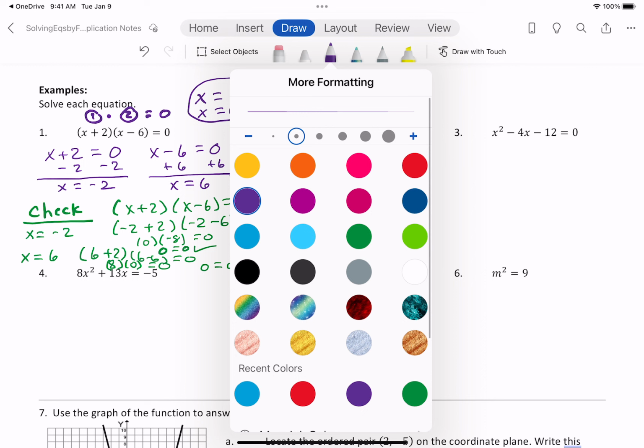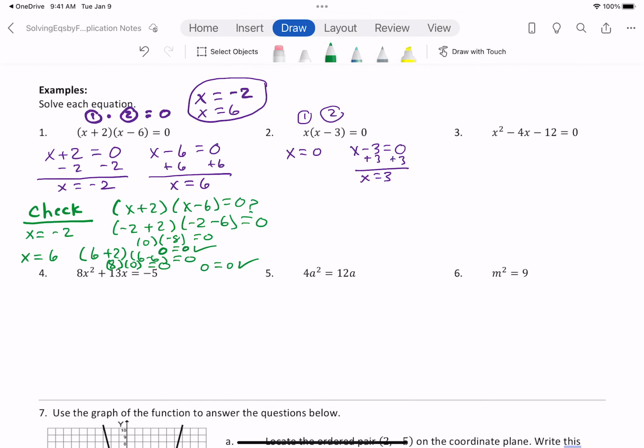So we can check those. The original is x times x minus 3 equals 0. So if I check x equal to 0, we would substitute 0 for each one of those x's. This is 0 times -3. And 0 times anything is 0.